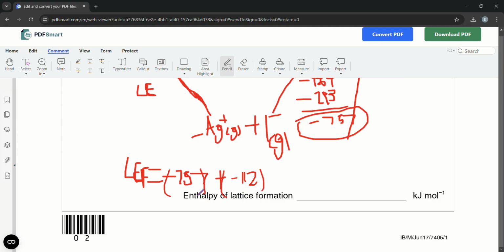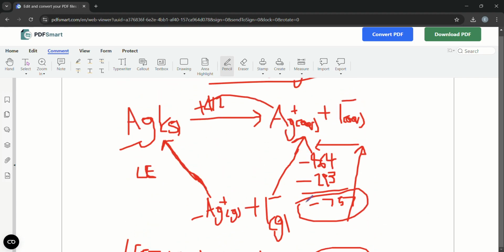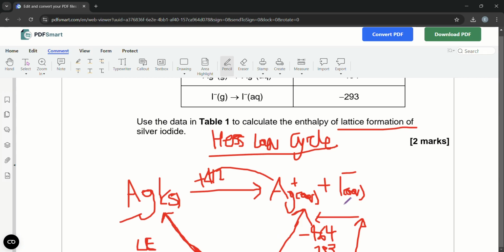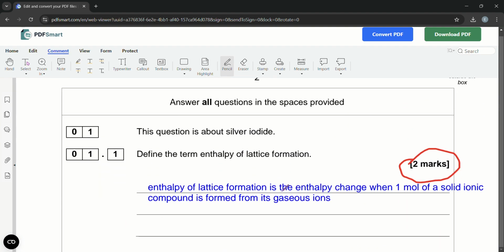If we put that in a calculator, we should get minus 869 kJ mol^-1. I thought they were going to trick us by not giving us units, but the units are already there. For 2 marks, pretty hard 2 marks in my opinion, but the more you practice Hess's law cycles, the easier it becomes.